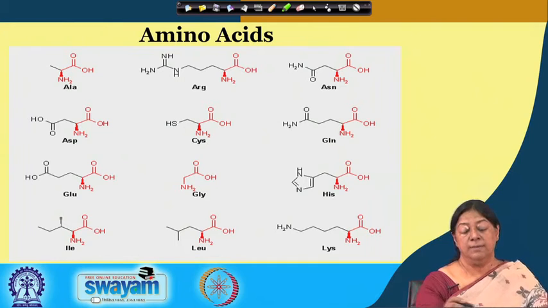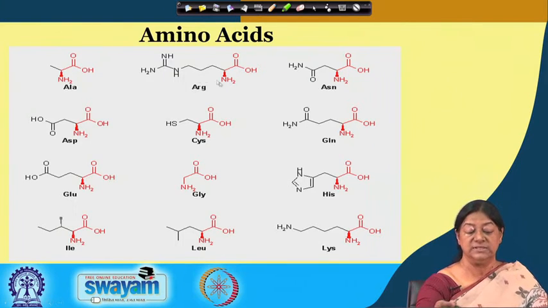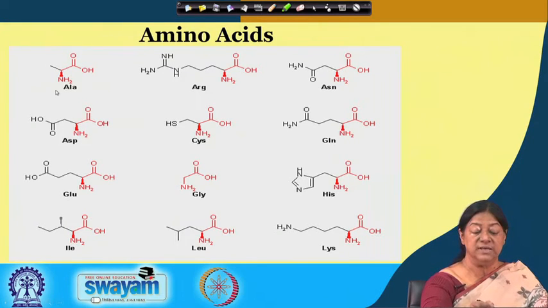These are some amino acids that have been given here. When we look at the portion given in black, that is the side chain, that was referred to as the R group. So, this is the carboxylic group, this is the amino group. As you will notice, each of these amino acids has a common carboxyl group and an amino group, and what differs is the portion in black.